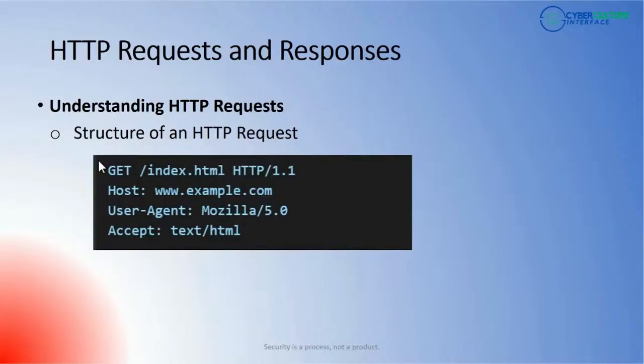And from a log like this, you can interpret. So the example here is this HTTP request. When you send an HTTP request, this is the way it looks. You see GET /index.html HTTP/1.1. Then you specify the host, user agent, and accept.